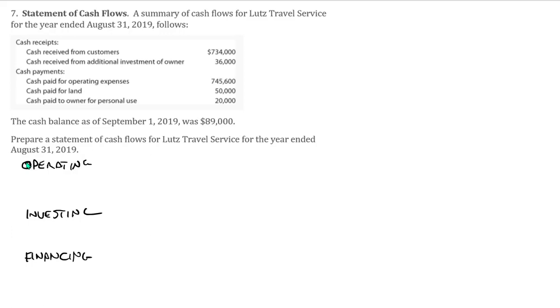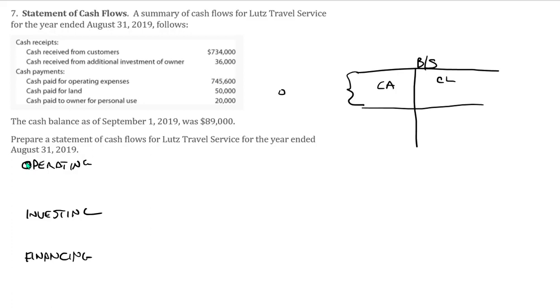Okay? And when you think about the balance sheet, if this is current assets and this is current liabilities, the transactions that affect these accounts are operating activities, like accounts receivable, accounts payable, inventory, supplies, maybe an accrued liability.